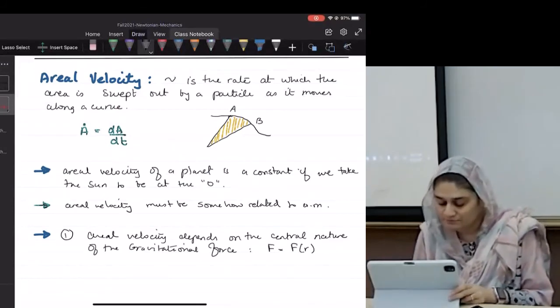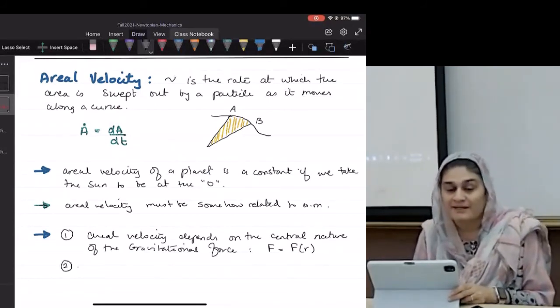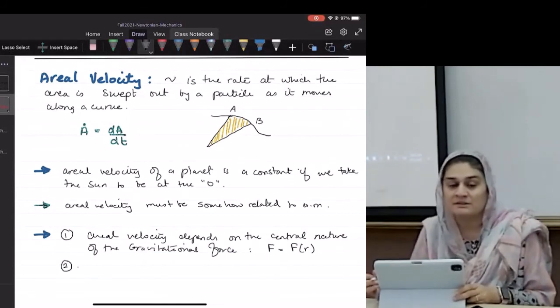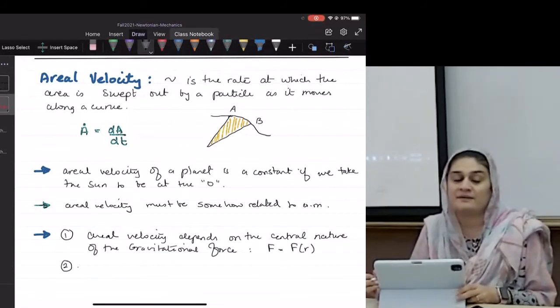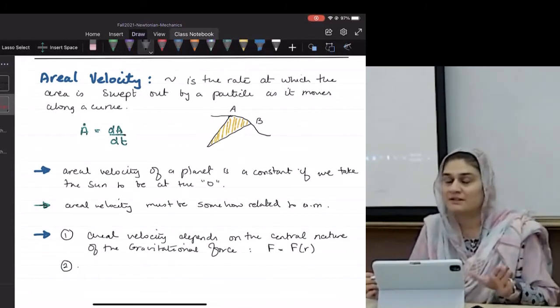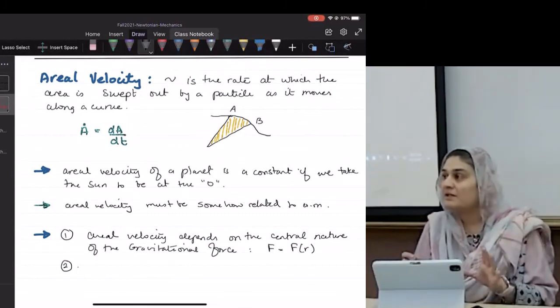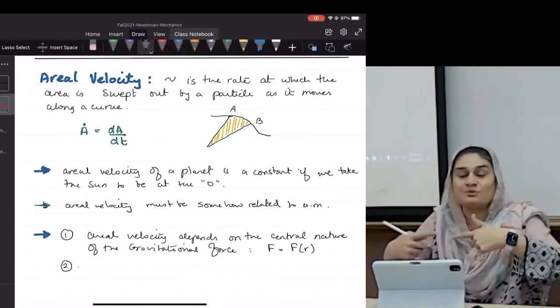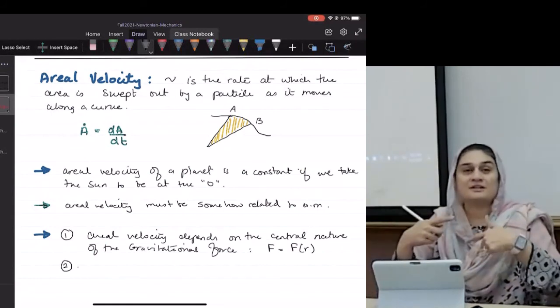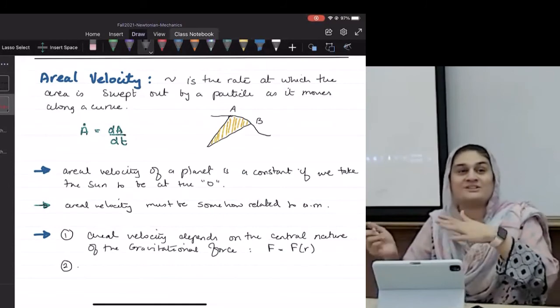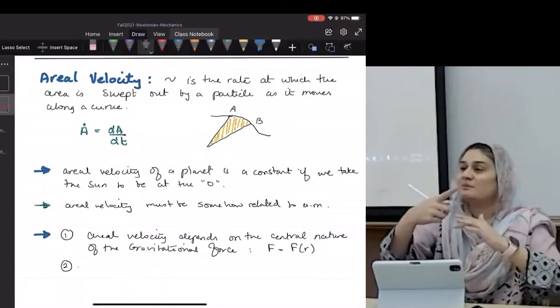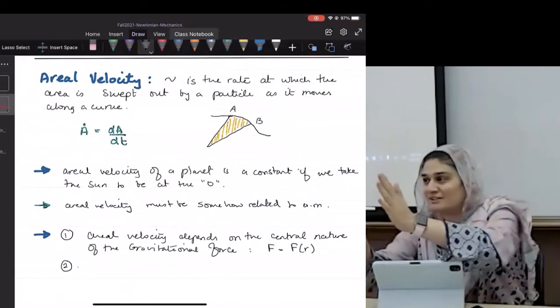And number two, it is useful for us to know that it does not depend on how the strength of the force varies with the radial distance of the sun. It remains constant. Okay? It itself changes to account for the fact. So instead of changing the gravitational force as the area is swept, we just change the area that we consider.